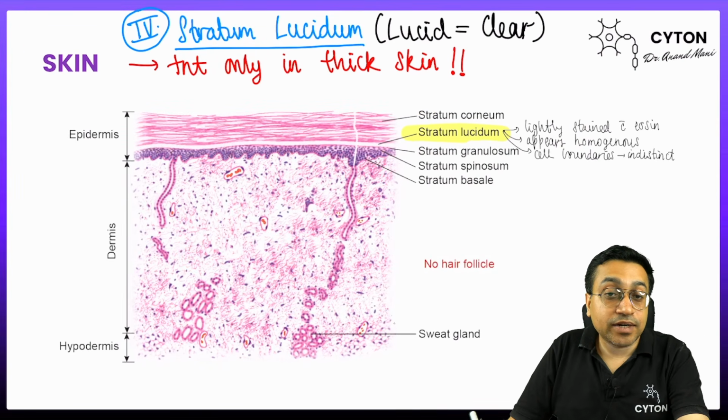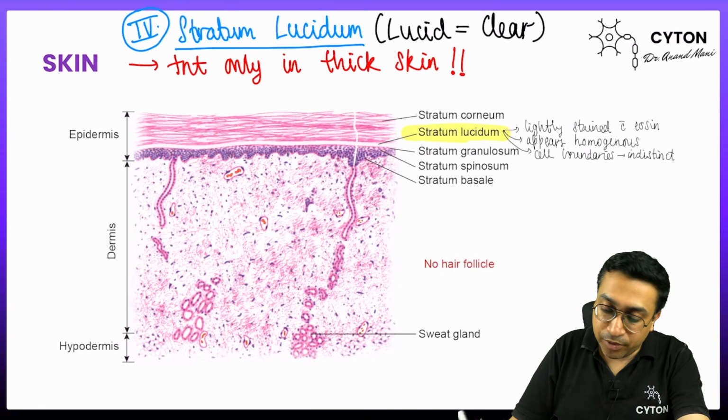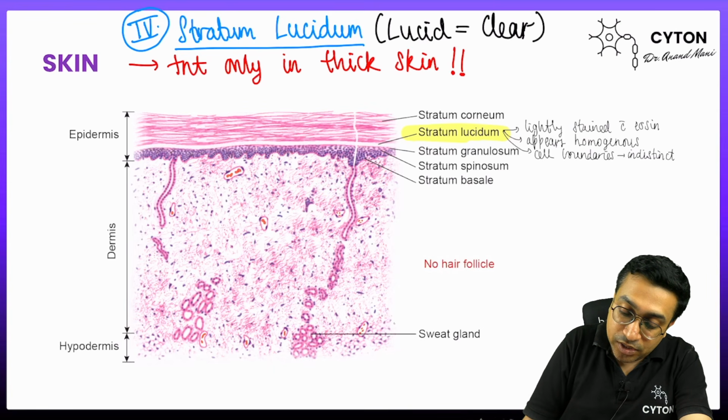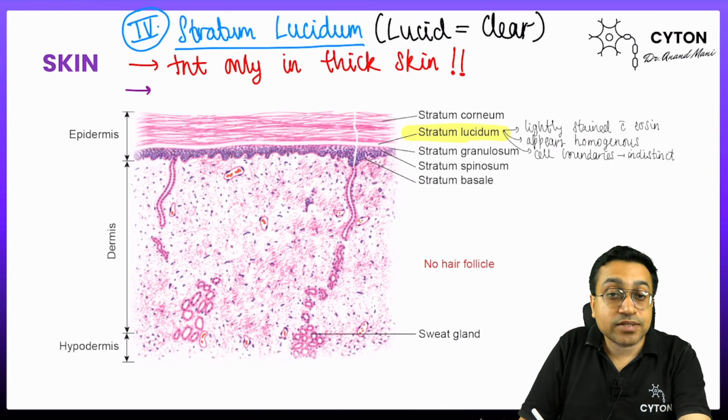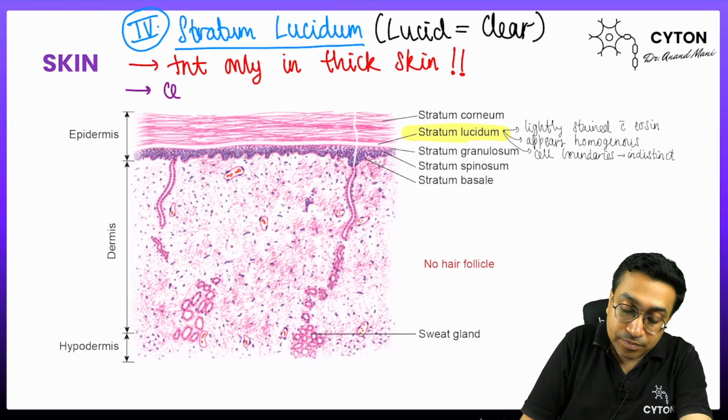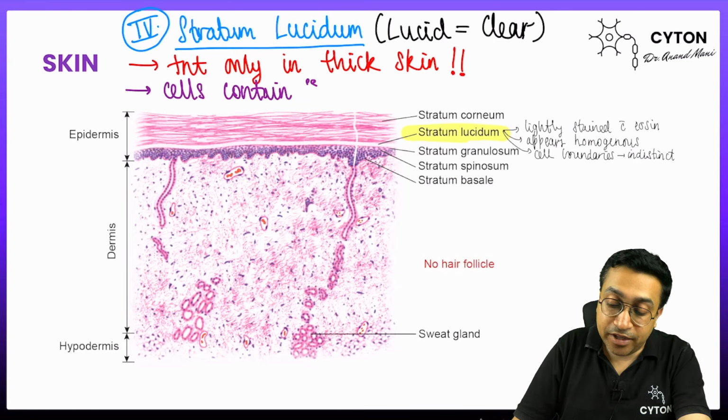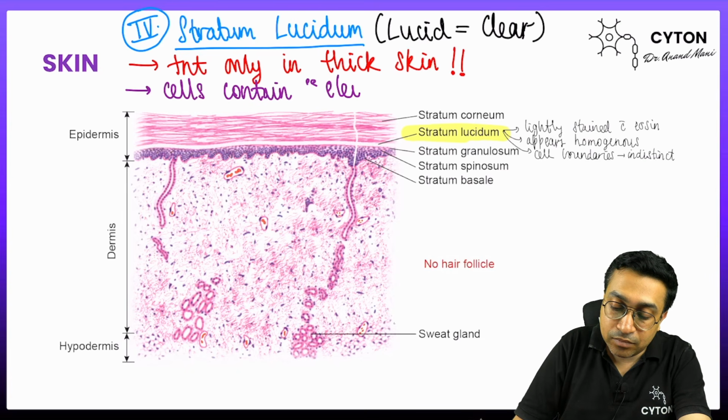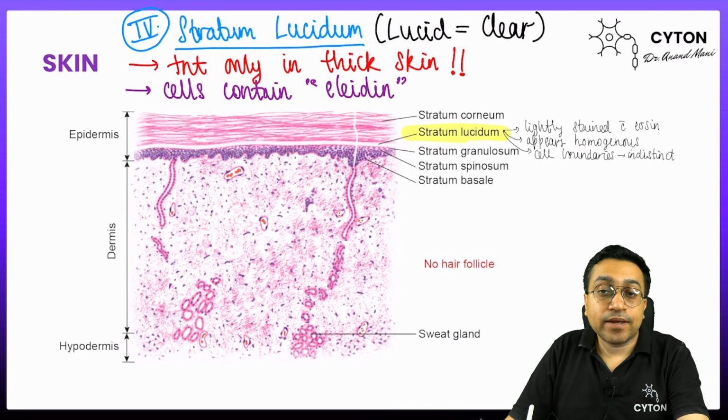So that is the stratum lucidum. And the cells, very important point, let me write here only. The cells of the stratum lucidum contain something known as eleidin. Check the spelling, eleidin. So this is eleidin.